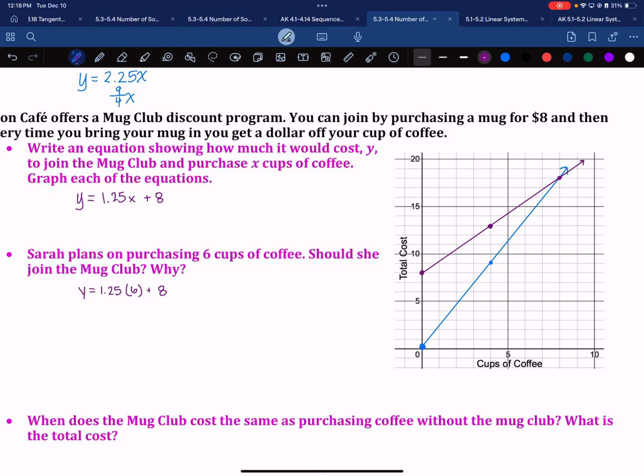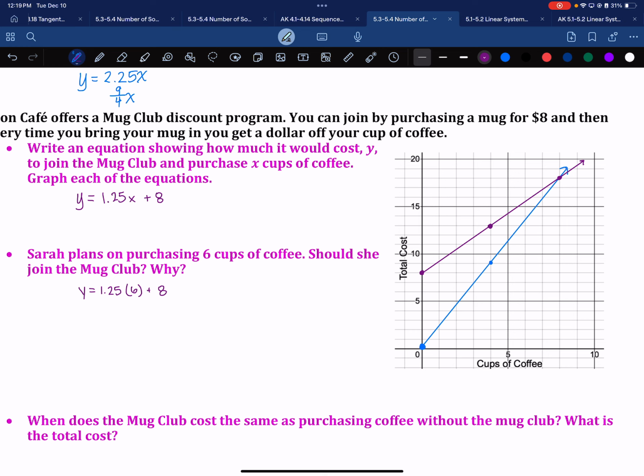Because the first one is increasing more, but when you go to 6, it's lower on the y-axis than the other one, so it's cheaper. Yeah, okay, and so she used some really cool math words. I'm gonna use some other words, but hers were awesome. At x equals 6, my purple line is above my blue line.